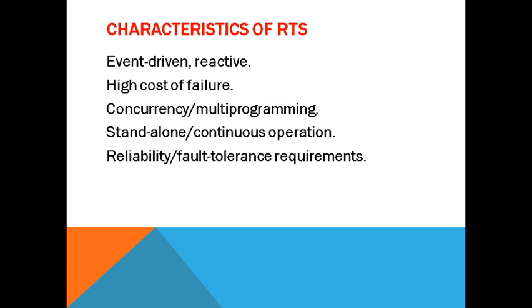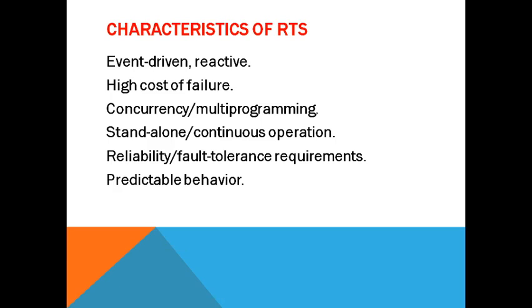So if that particular system fails, then a severe accident will occur. So the fault tolerance requirement is embedded in the anti-lock braking system in order to make it accurate and perfect, meaning reliable.